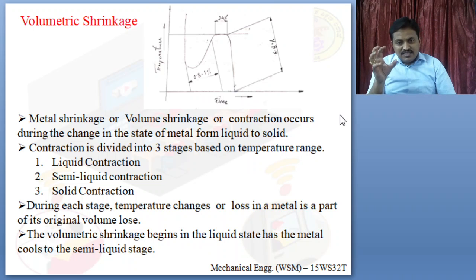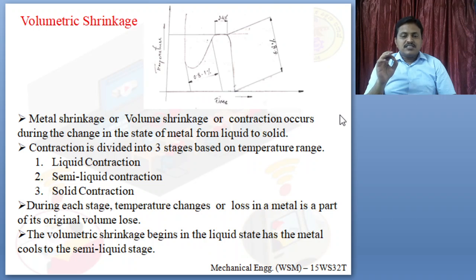As the temperature reduces, the contraction will also increase. During each stage, the temperature change or loss in a metal is a part of its original volume loss. ಓರಿಜಿನಲ್ ವಾಲ್ಯೂಮ್ ಅದು ಏನಾಗ್ತೈತೆ, ಕಮ್ಮಿ ಆಗ್ತಾ ಇದೆ.